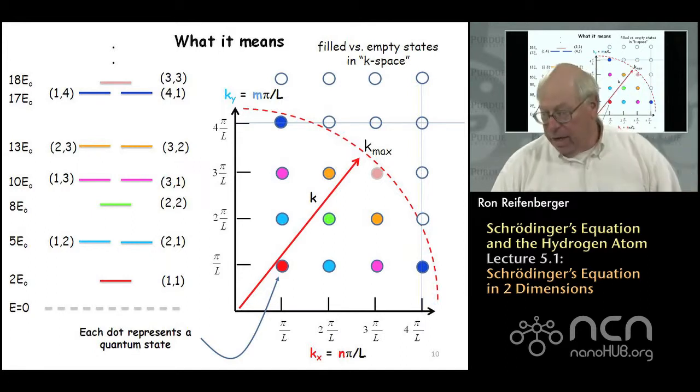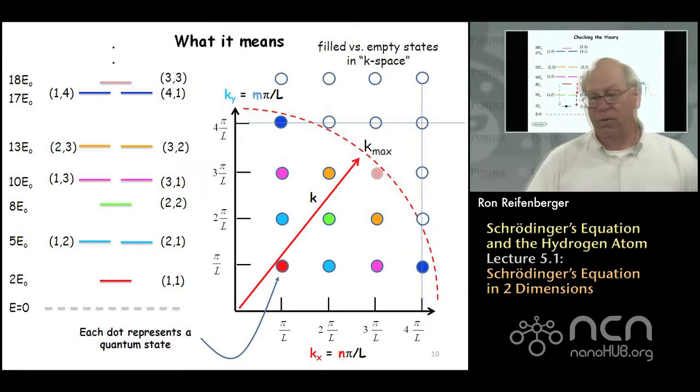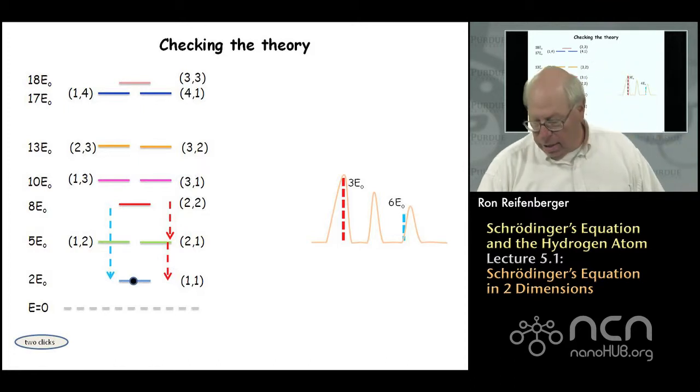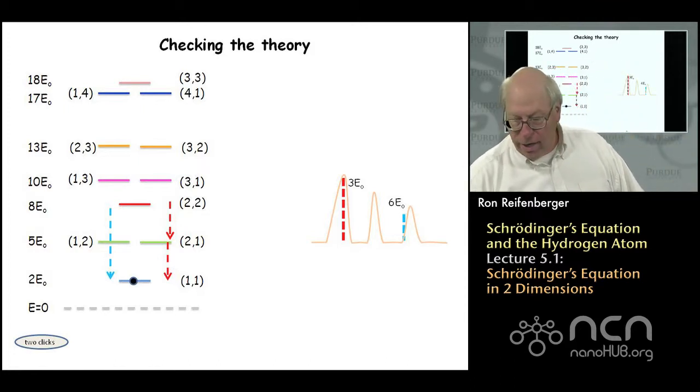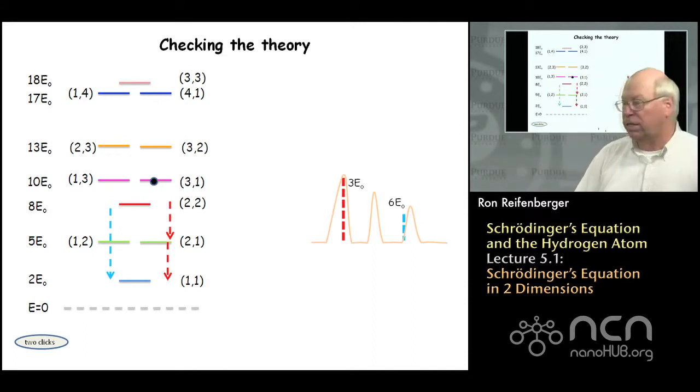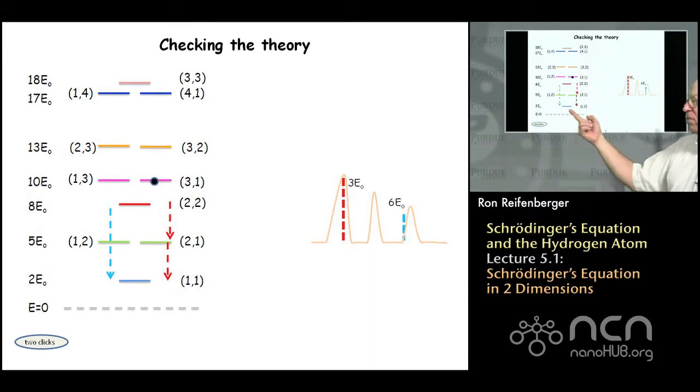How would you check whether this calculation is realistic or not? There's a simple way to do it: cause the particle to be excited from its ground state up to some higher energy state, and then watch what happens as that particle decays back to its ground state energy.